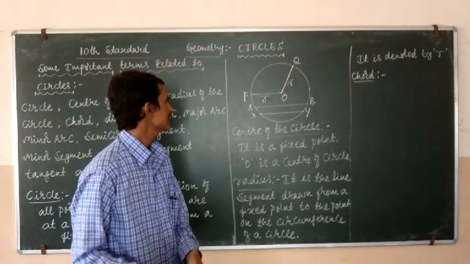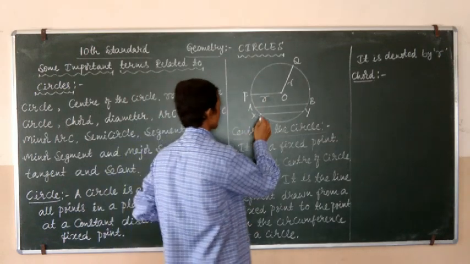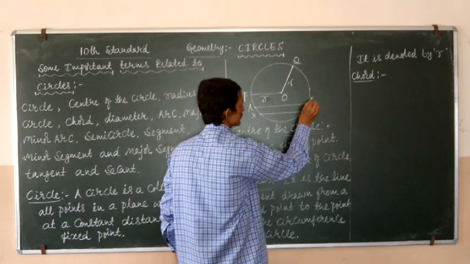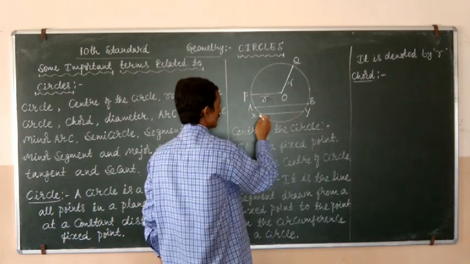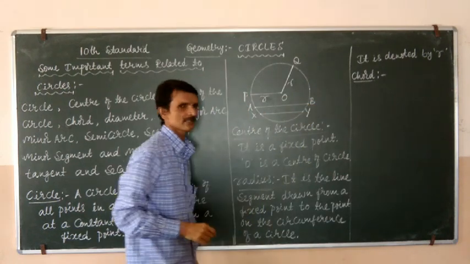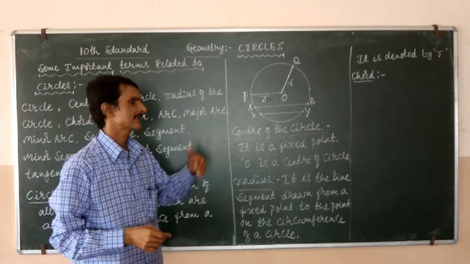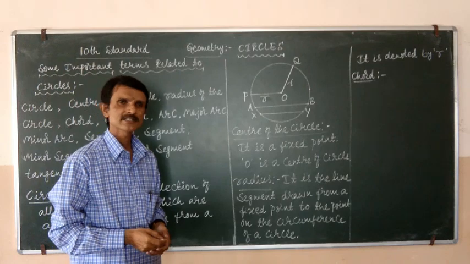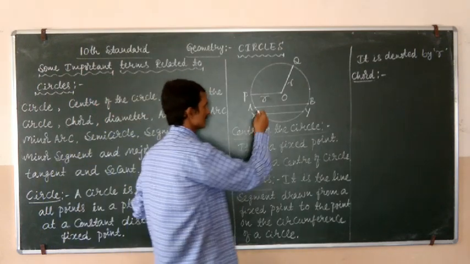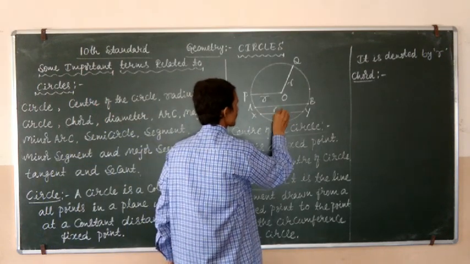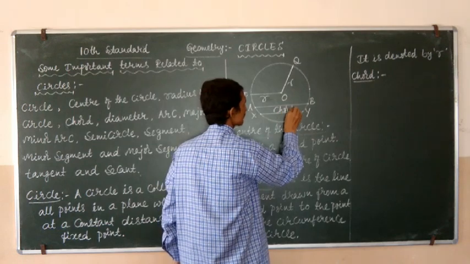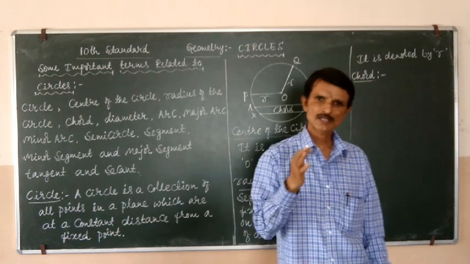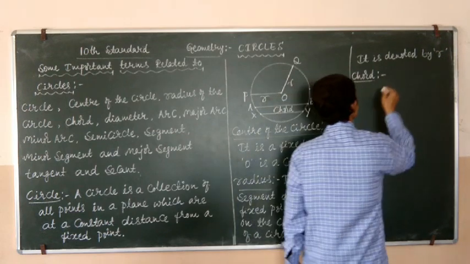So in this diagram, AB is a chord, XY is a chord. Similarly, we can draw many chords on the circle. This is called a chord. So chord means it is a line segment.